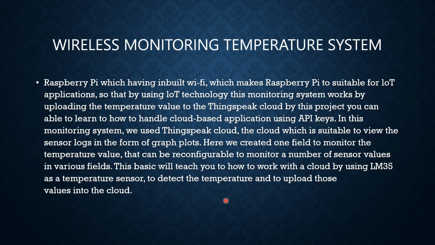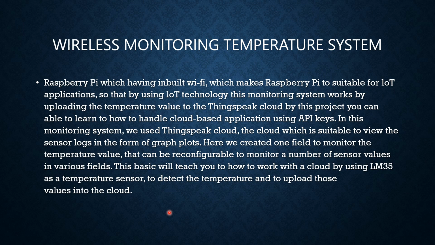Now we can see the wireless temperature monitoring system. The Raspberry Pi has inbuilt Wi-Fi, which makes it suitable for IoT applications. By using IoT technology, this monitoring system works by uploading the temperature value to the ThingSpeak cloud. By this project, you can learn how to handle cloud-based applications using API keys.